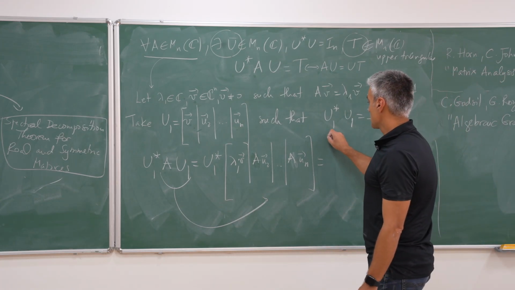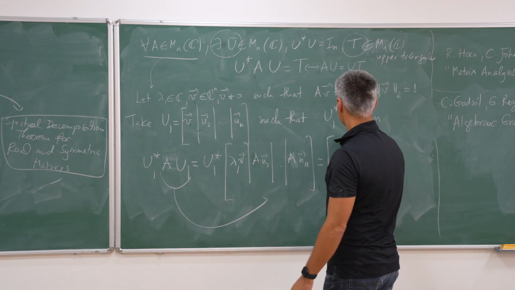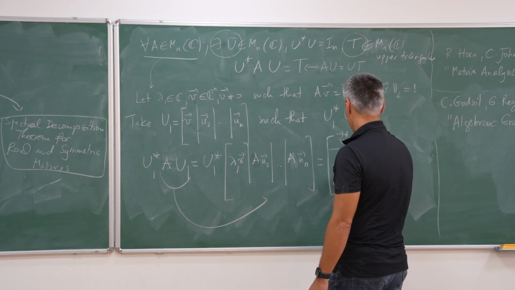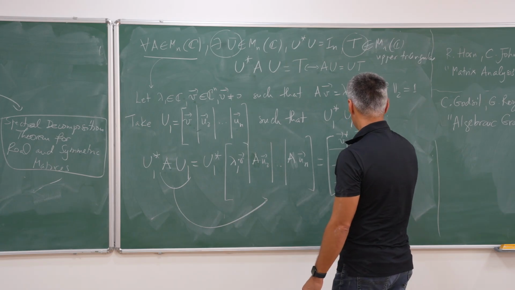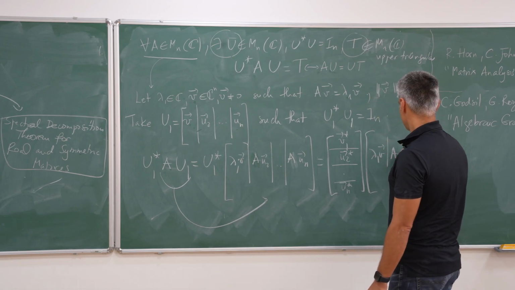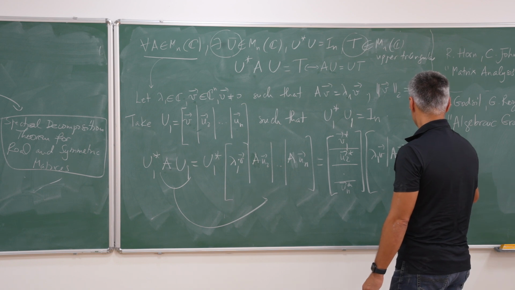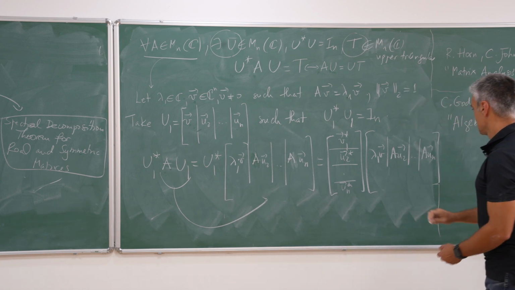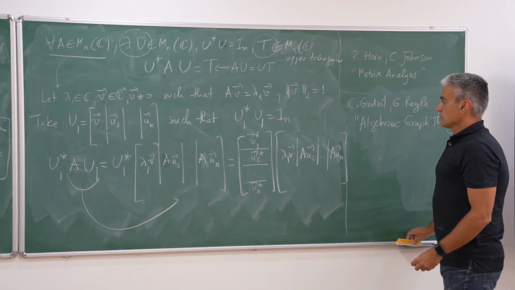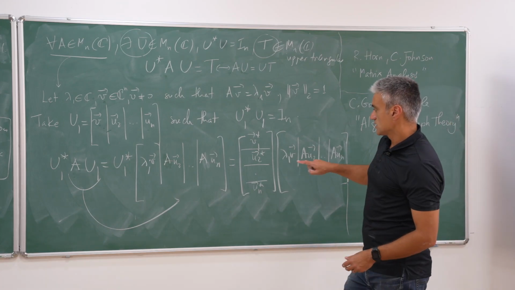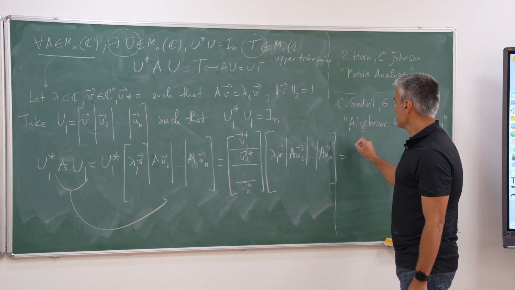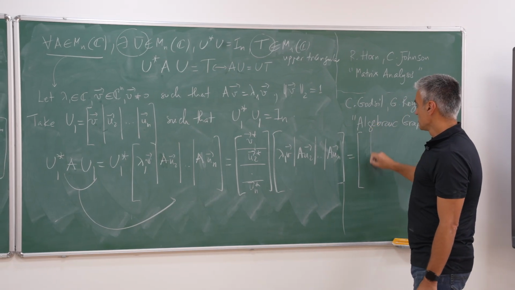Okay, and now what comes from the left is U1 star, which is V1 star, U2 star, and so on, times lambda 1 V. So the main thing is we want to see what happens on the first column.